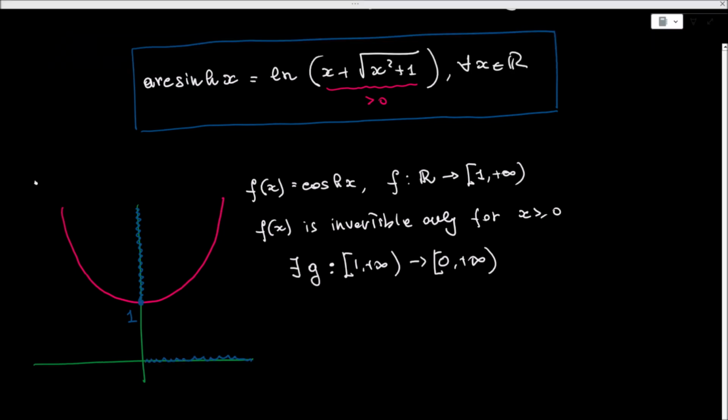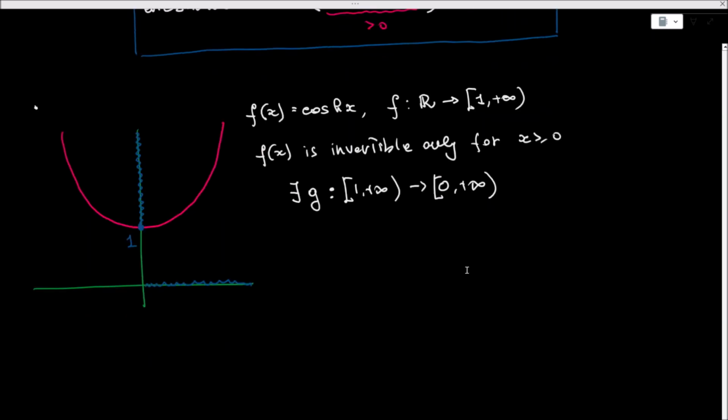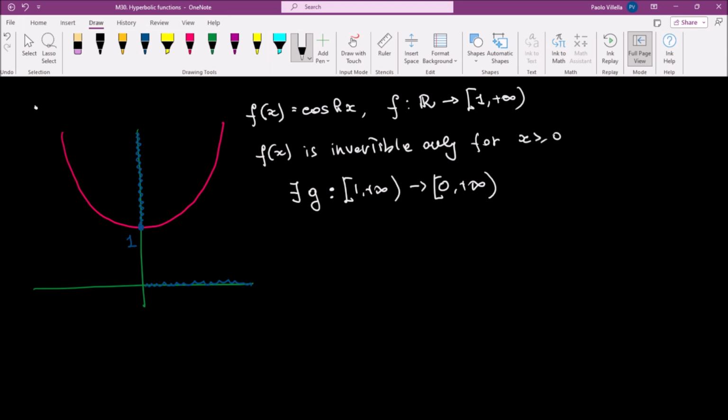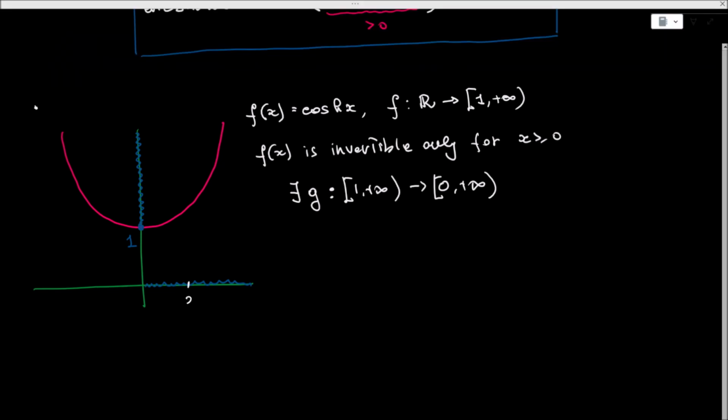So these are the domain and codomain of the function and its inverse. So with this in mind, let's proceed and try to follow the same procedure. Let's say that this is x, this will be our y.